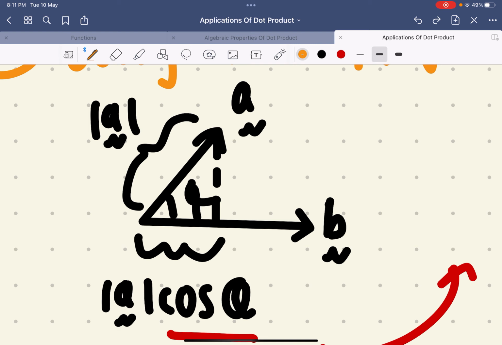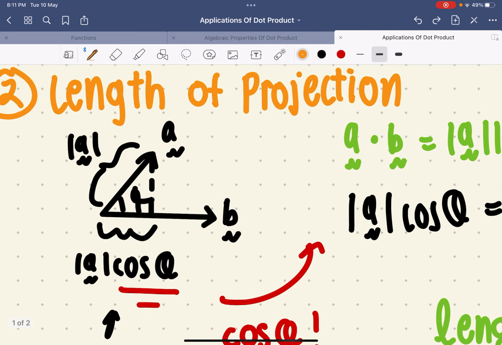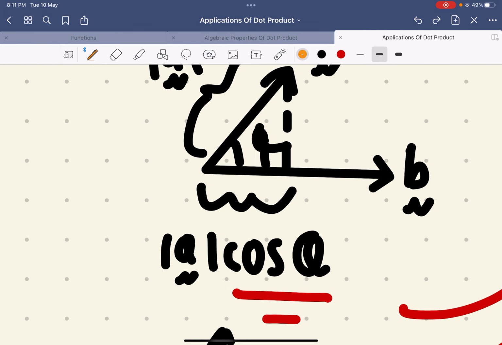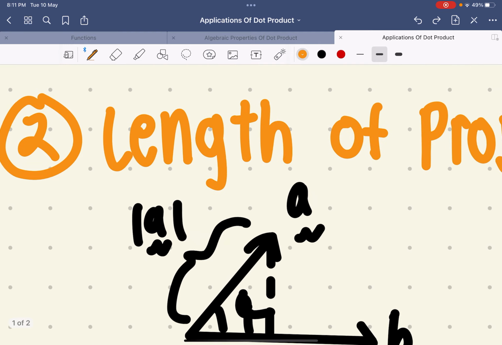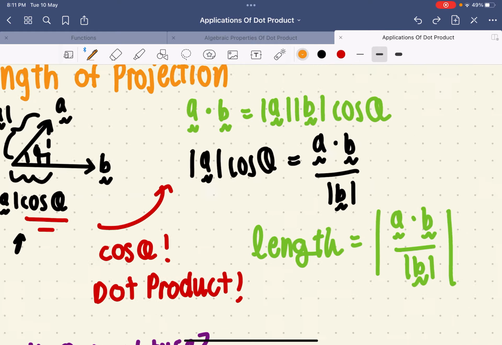So what is this side? This is just mod A cosine theta. So the length of projection is mod A cosine theta. They are the same thing.